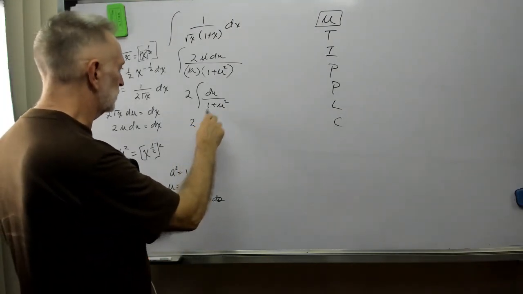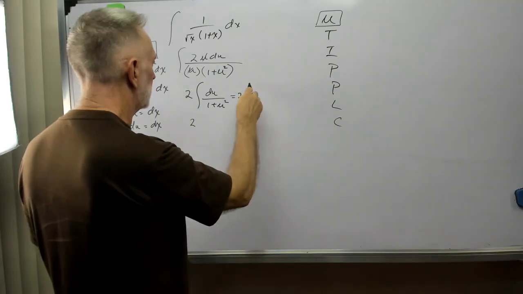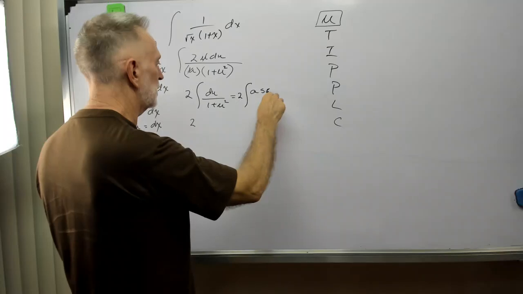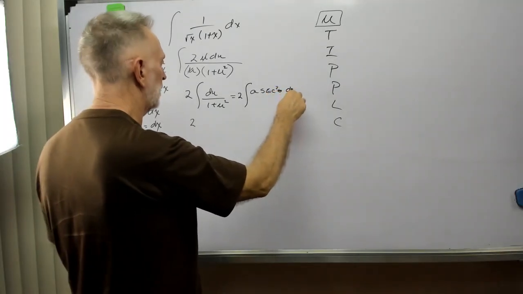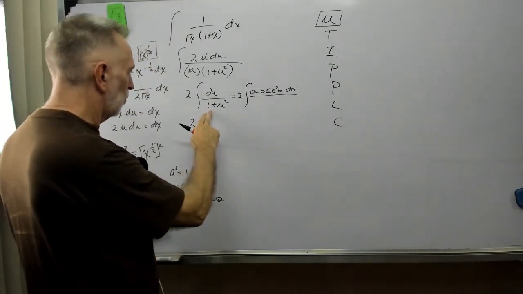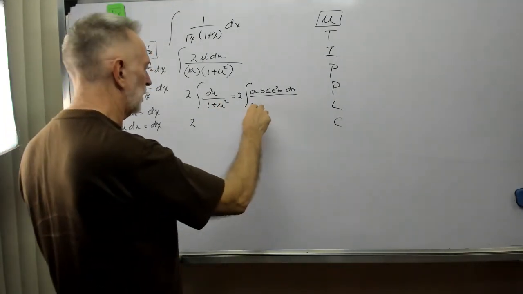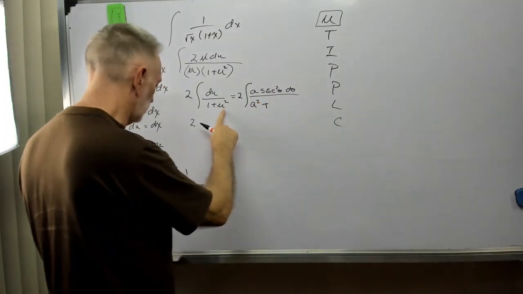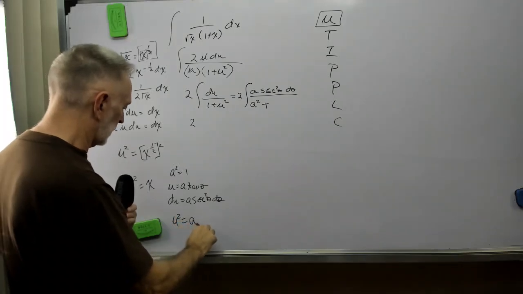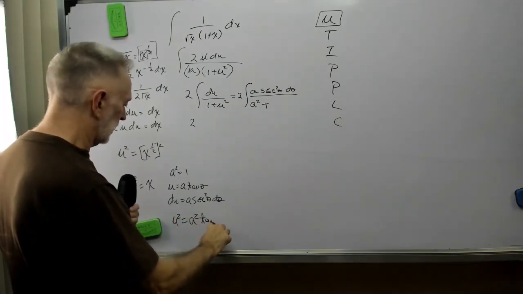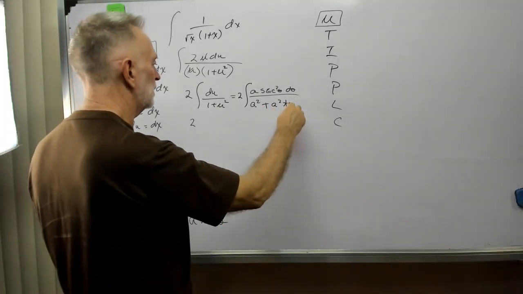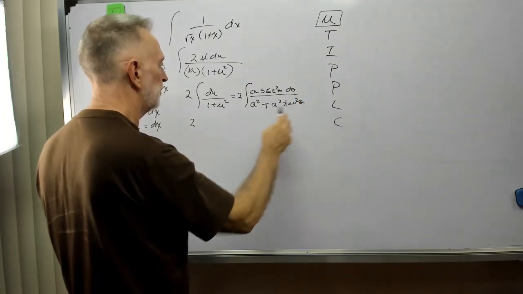Okay, so what do we do here? That's 2 times the integral of du, which now is a secant squared theta d theta, divided by 1, which was a squared, plus u squared, which is a squared tangent squared theta.